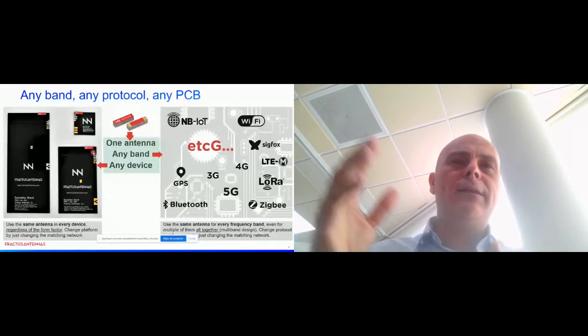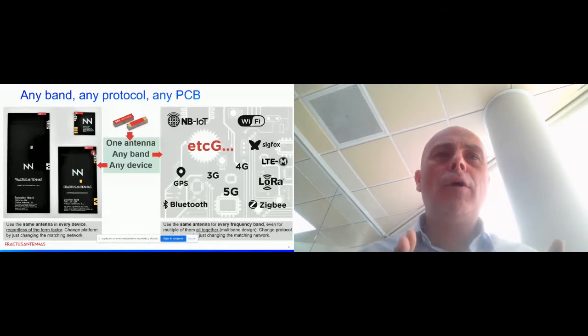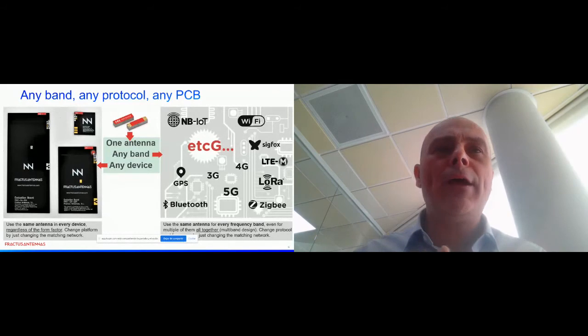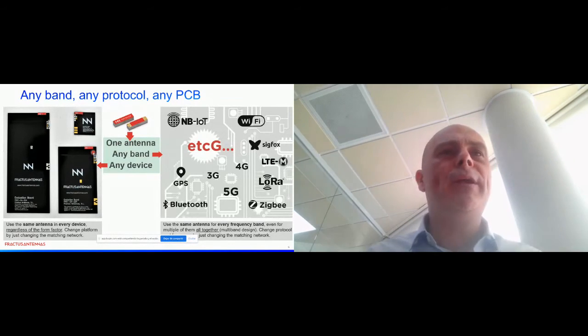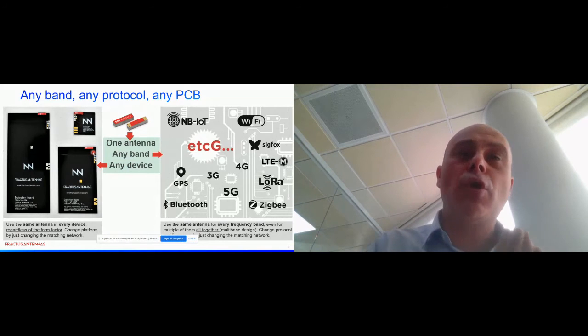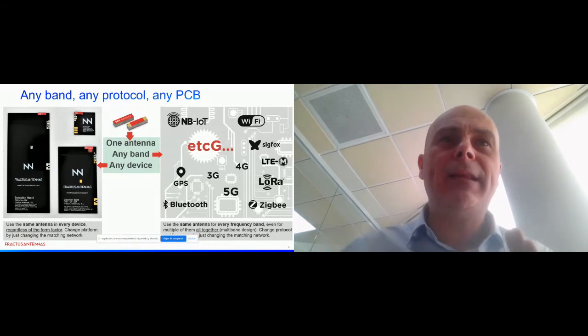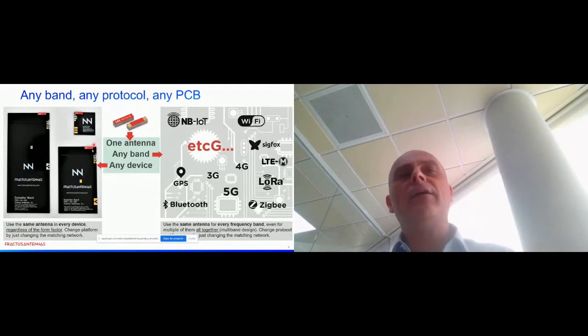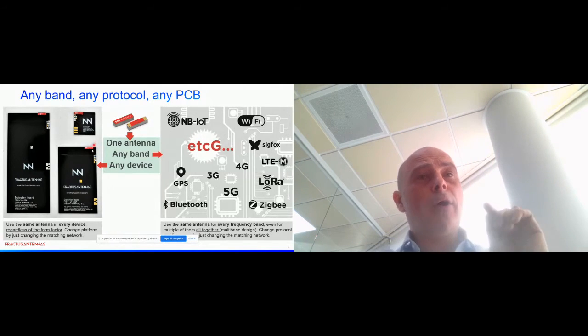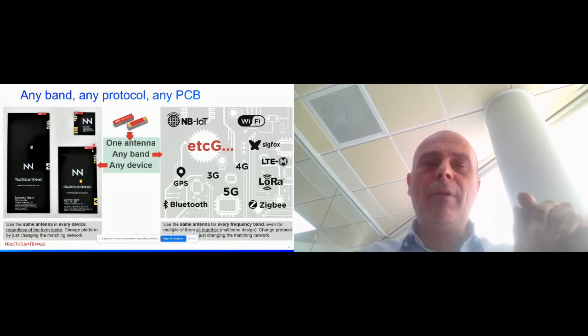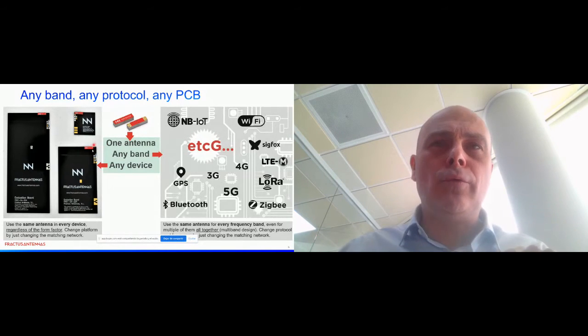But you want to update this device for a new project, and you want to do, for instance, cellular IoT frequencies, a multiband. Do we need to change the antenna geometry? Do we need to customize the antenna? The answer is no. We can use the same antenna booster, and the only thing we need to change is the matching network. And as we're going to explain today, this is very simple, easy, and systematic to do.